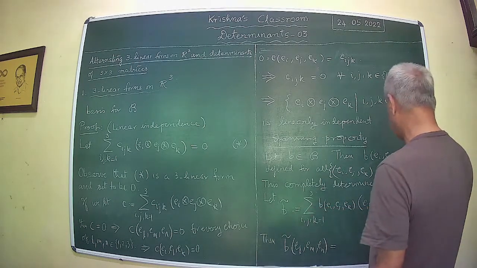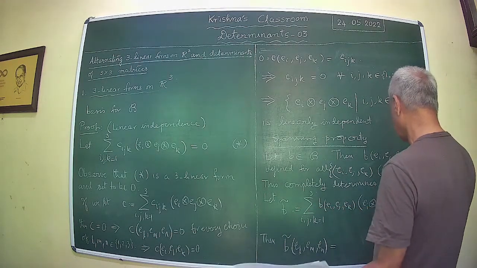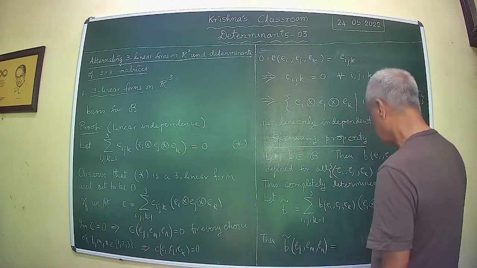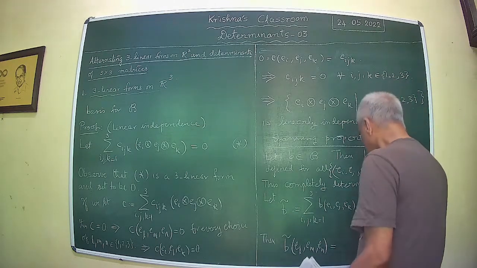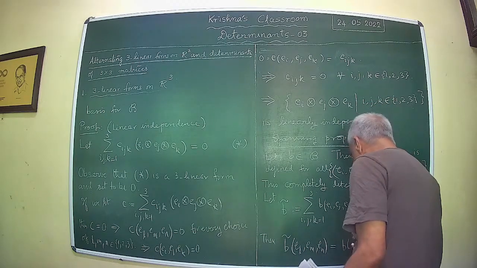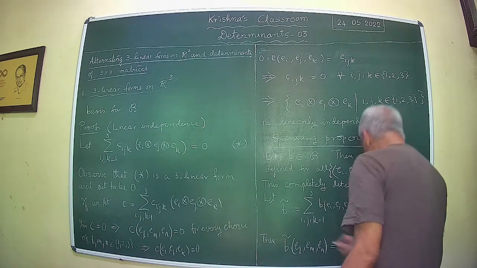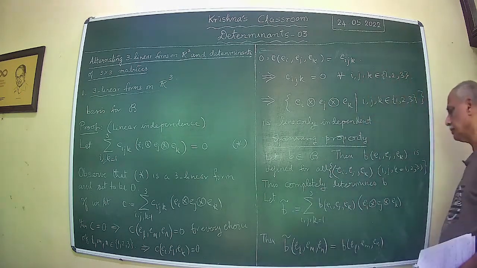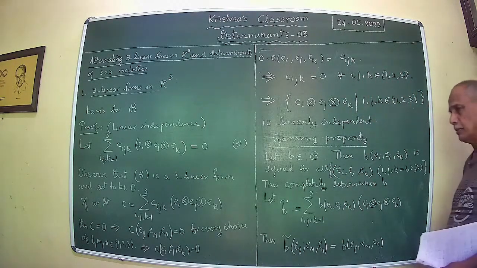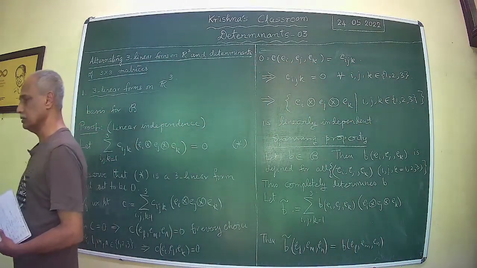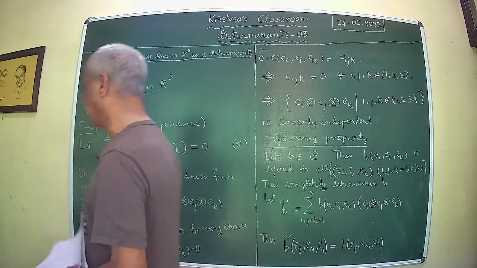Now you apply this and then use the property of how EI, EJ, EK is defined, then this is equal to B at EL, EM, EN. What does this mean? This means that B and B tilde are identical on EI, EJ, EK. Okay?